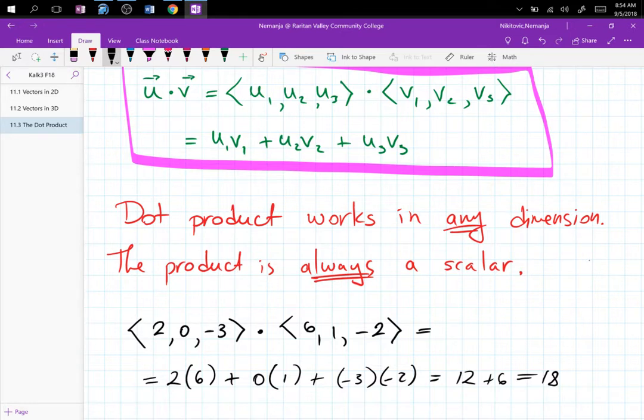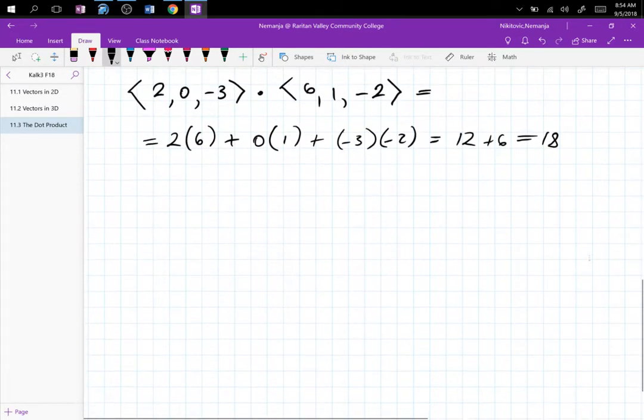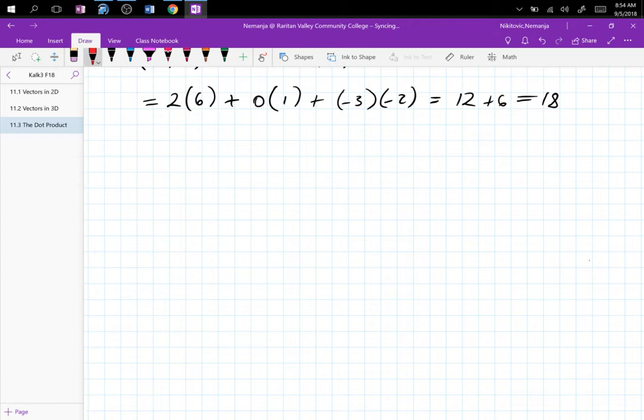Now, let's talk about the definition and use for the dot product.